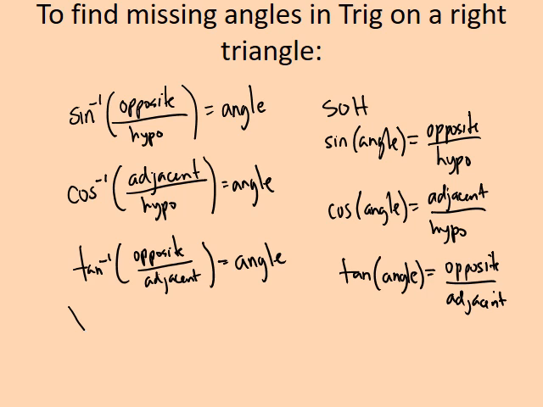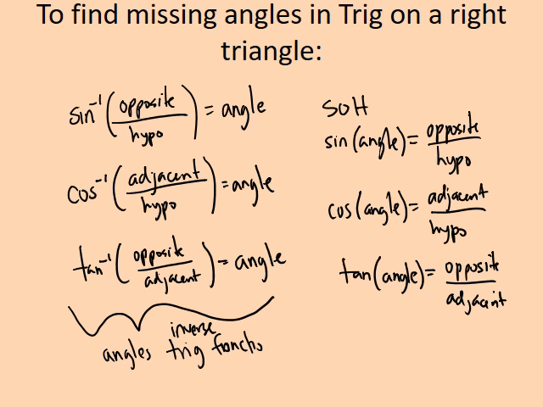To find missing angles, you use the inverse trig functions, and to find missing sides, you use the regular trig functions.